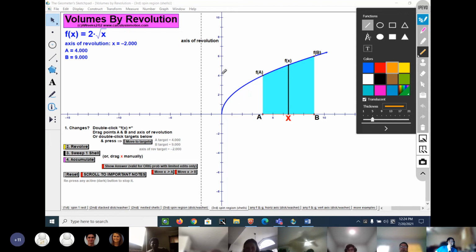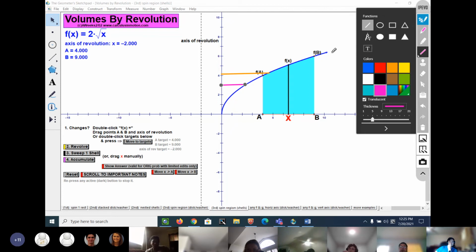If you're rotating around the y-axis, what's that called versus what that's called? Now, on the disk, this is called the outside diameter, and this is called the inside diameter.